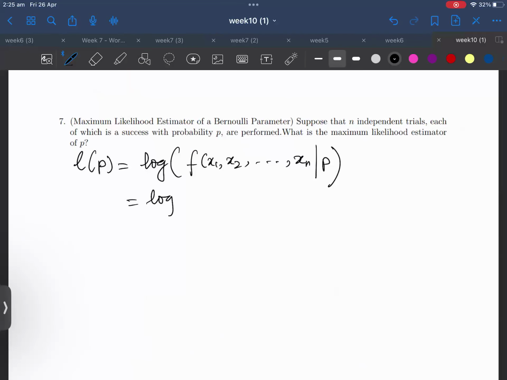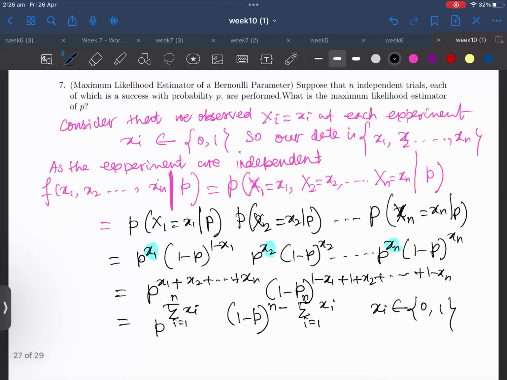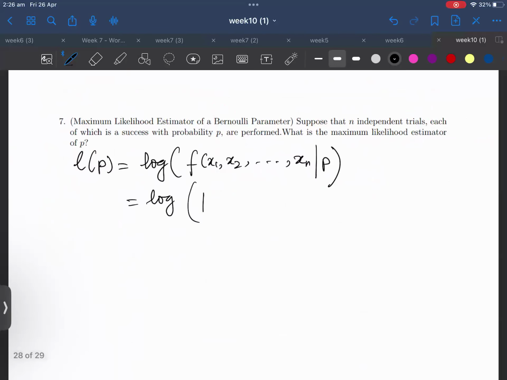So log of, you need to plug all the values that you have found in this part: p to the summation of i equal to 1 to n of xi, times 1 minus p to the n minus summation of xi.